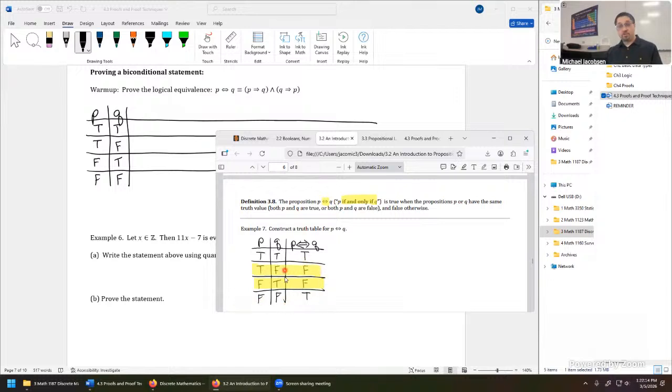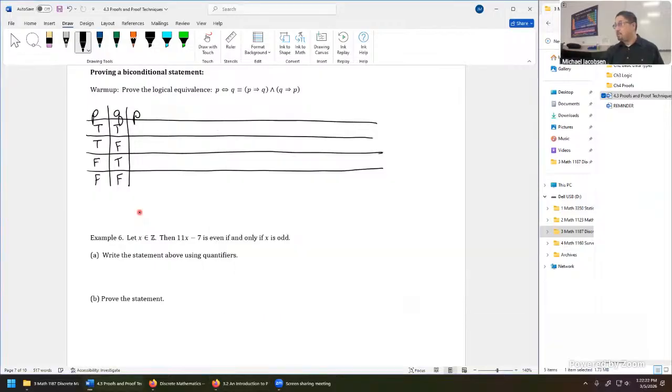If there's a mismatch on the logical assignments, the if and only if comes out as false. So that's just our refresher on that. Let's put in P if and only if Q. This one will go true. Every row that has a mismatch, we go false, false. But these are the same truth assignments, so true here as well.